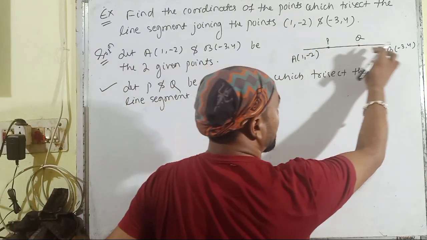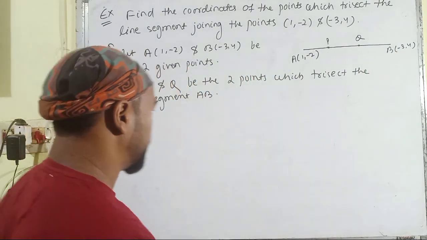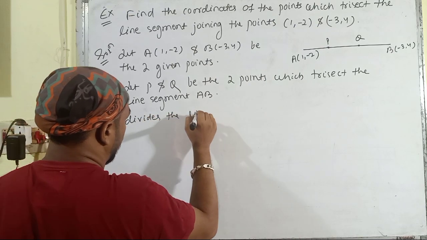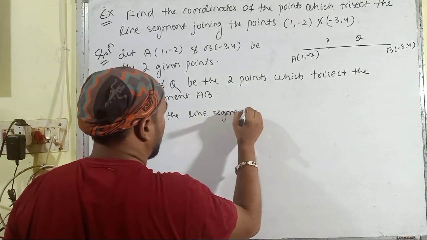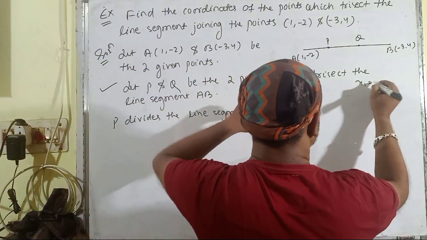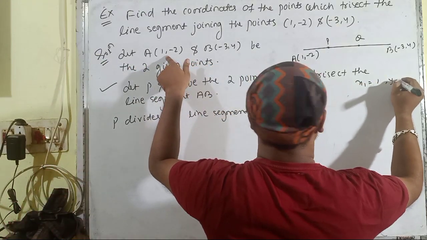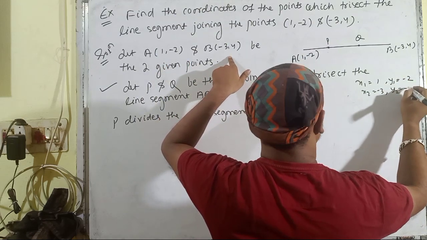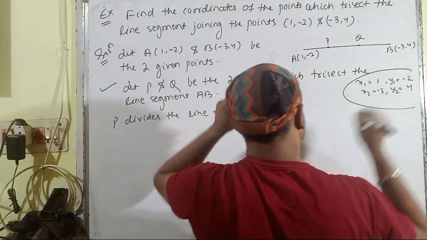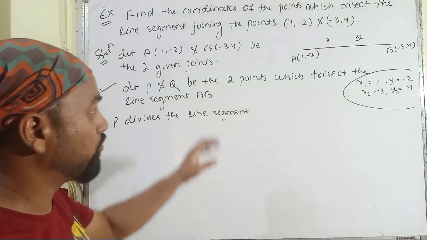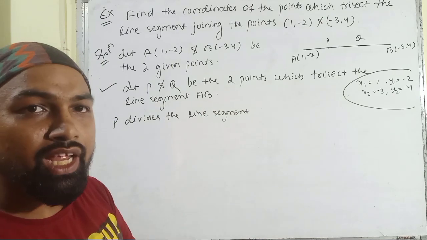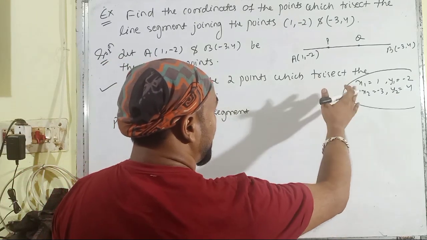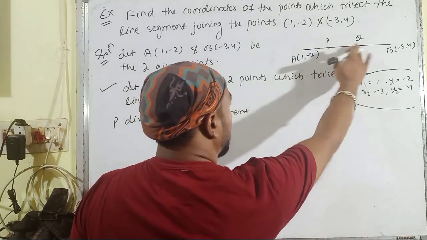P divides the line segment AB in 1:2 ratio. Here x1 is equal to 1, y1 is equal to -2, x2 is equal to -3 and y2 is equal to 4. These are the compulsory permanent things we have to use. Just the values of m and n are variable. The values of m and n will vary whenever we shift from P to Q.